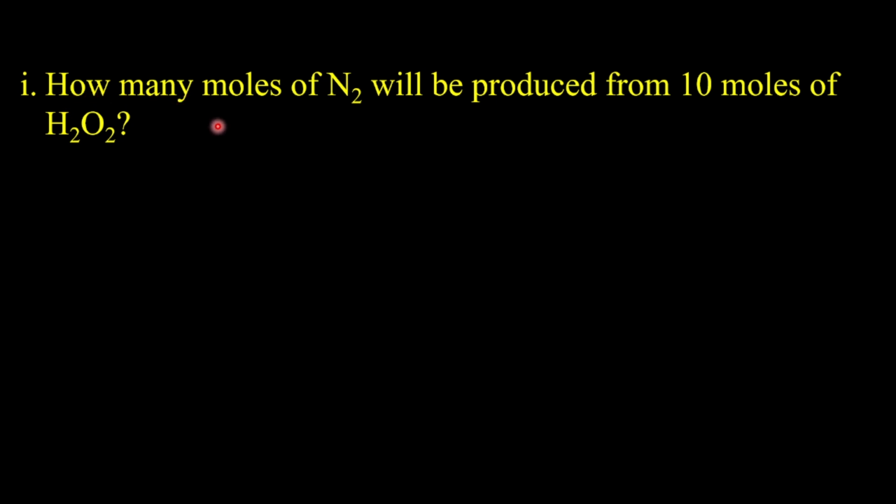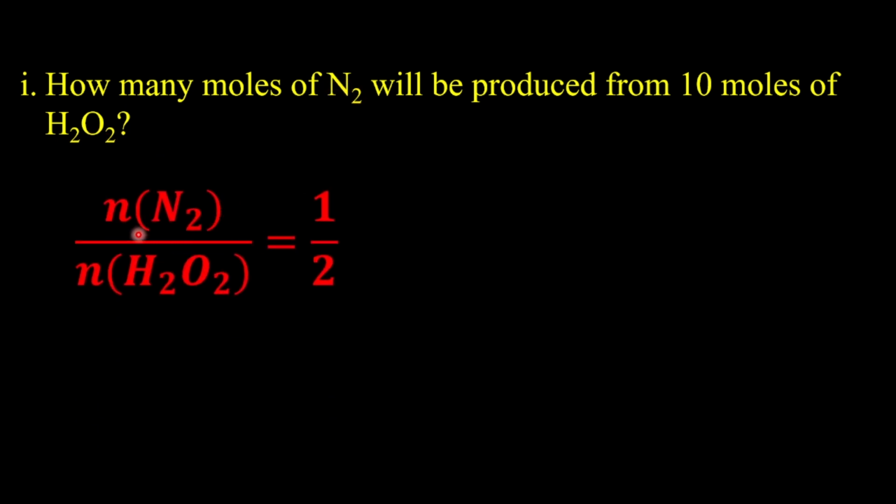How many moles of N2 will be produced from 10 moles of H2O2? So we are now going to write the mole ratio between N2 and that of H2O2. Bear in mind the reaction that was given. That will give us n of N2 over n of H2O2 is equal to 1 over 2. That is from the mole ratio.